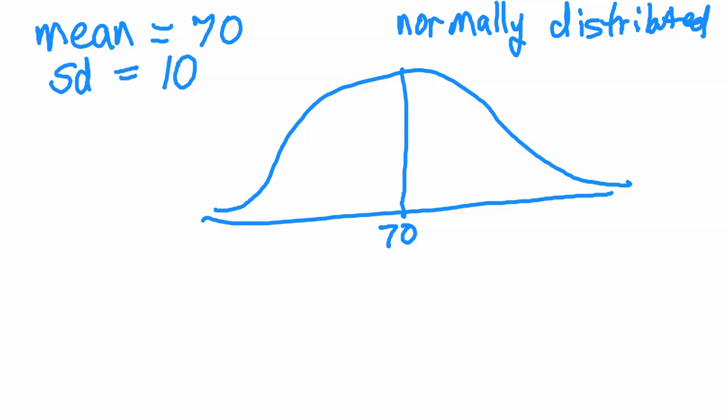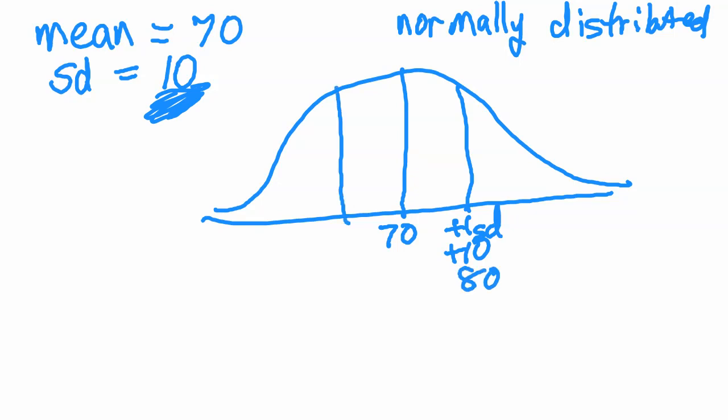And if you move over +1 standard deviation, that means you're going to add 10 to the 70 because your standard deviation was 10. So that would be 80. And then -1 standard deviation, you would subtract 10. So that would be 60. So between 60 and 80, your scores, that would be 95.